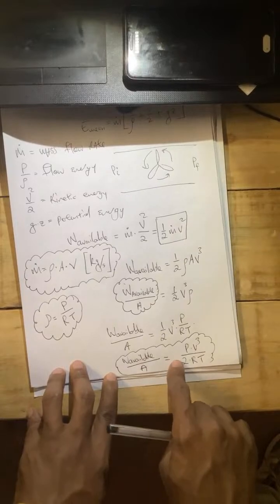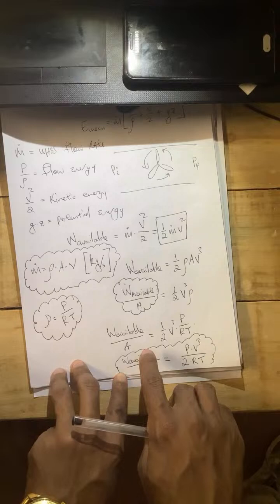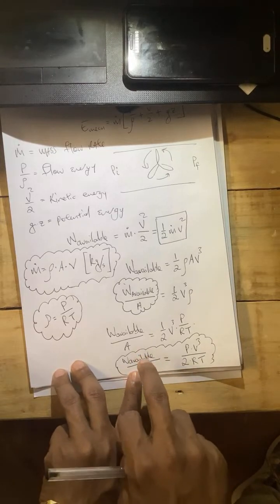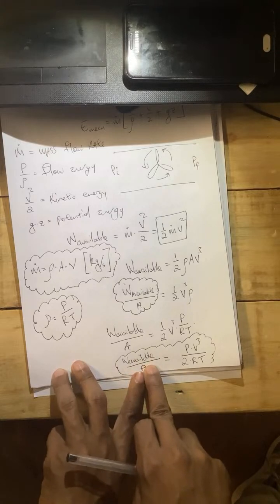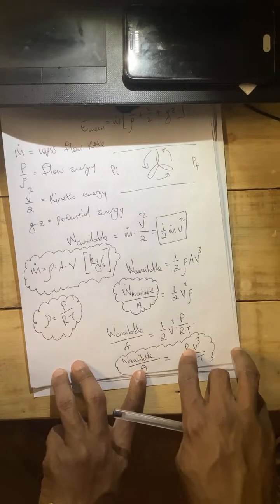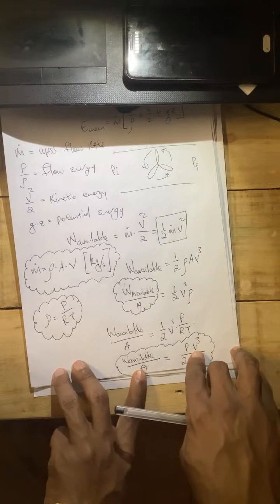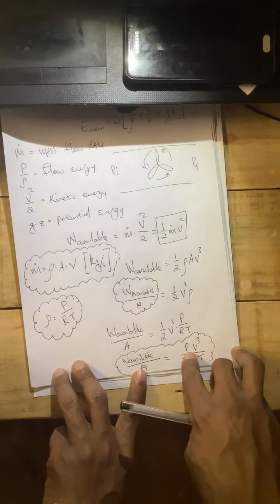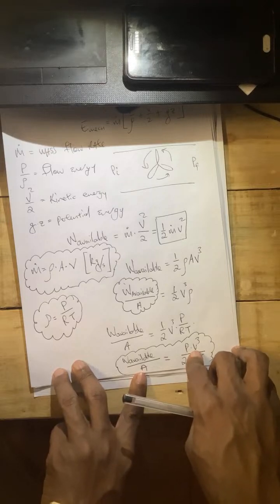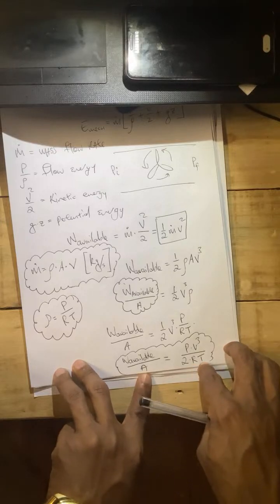And this over here is what we were actually trying to figure out: the power density of a wind turbine. It is a function of the pressure, meaning it's directly proportional to the pressure, directly proportional to the speed cubed, and inversely proportional to temperature.